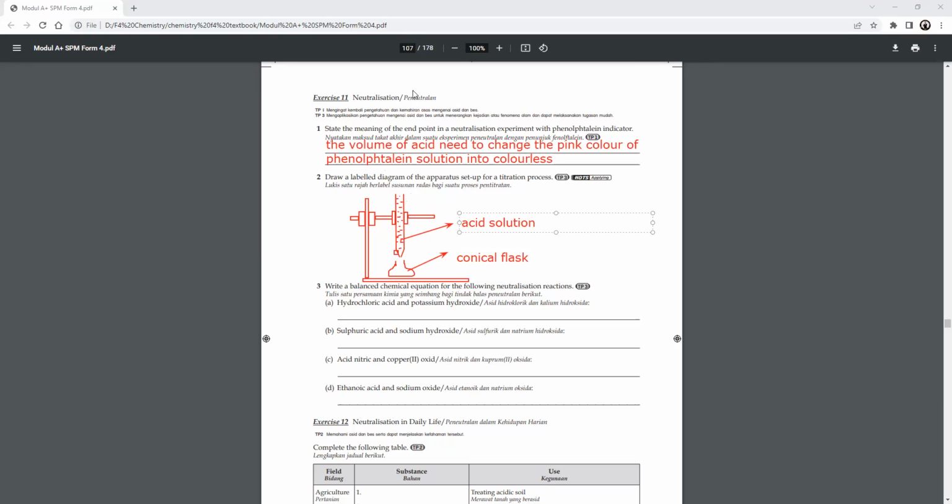You know what this one is called? This one is called burette. And then you got retort stand. If you want to label, you go label. Retort stand. This is what we have.